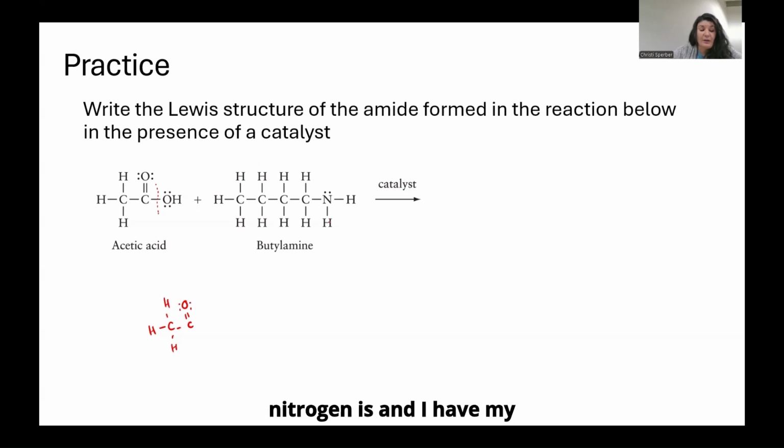Then I'm going to look at where my nitrogen is. And I have my nitrogen over here. I'm going to remove one hydrogen because this OH and the H together make the water. Make a new bond between carbon and nitrogen. Nitrogen is still bonded to one hydrogen. And then it's bonded to the rest of this molecule.